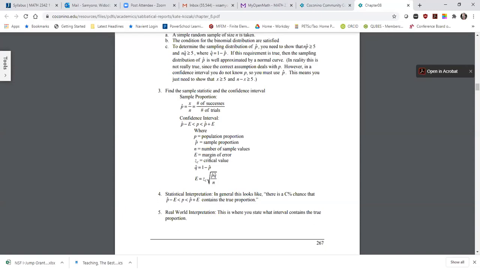You can see here E is the margin of error, and z is the critical value. Okay? And the margin of error is equal to z_c times the square root of p hat times q hat divided by n. Okay? So when you get the margin of error, you can find the interval here.